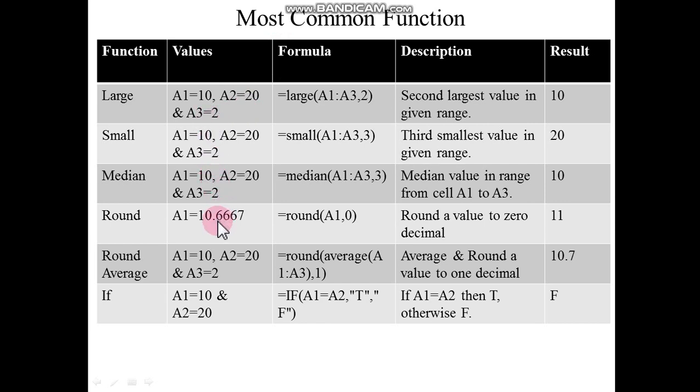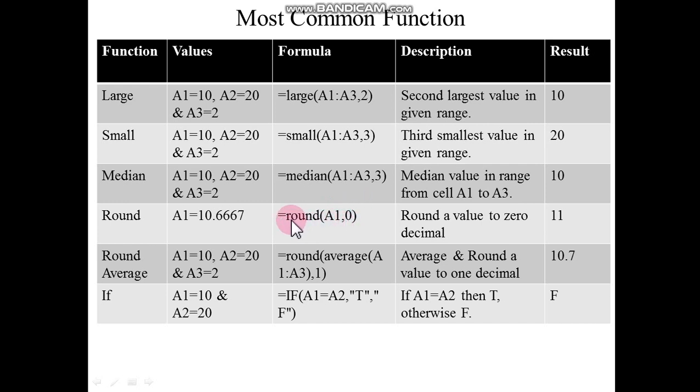Now if I'm interested to decrease the numbers after the decimal, for example I want to round this value and there should be no digit after the decimal, then I will write 0. And if I'm interested to round it to 2 decimals, then I will write 2.